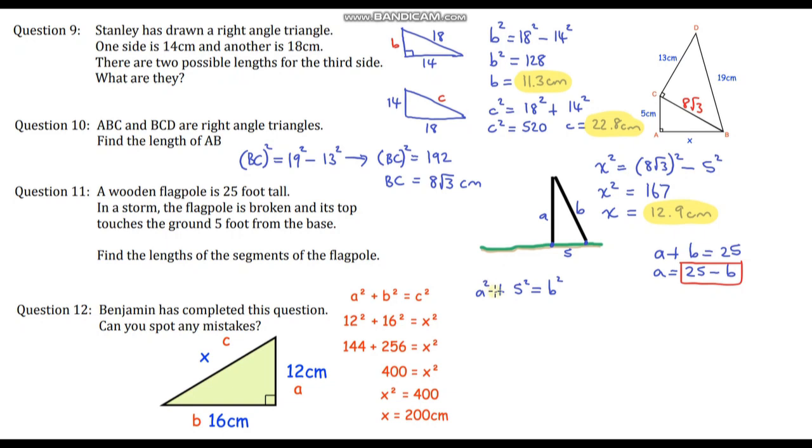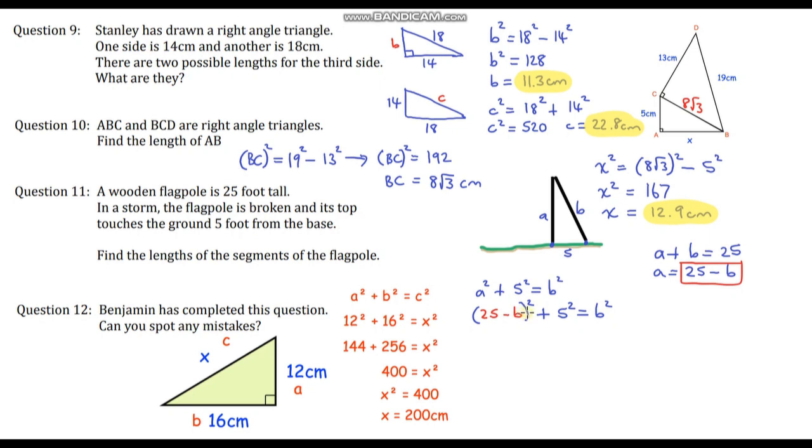So instead of writing A squared, I'm going to write 25 minus B and then all of that squared. Because like I said before, A and 25 minus B are exactly the same thing because they equal each other. And then plus 5 squared. And then that is going to equal B squared. So now we've got an equation that only involves B.